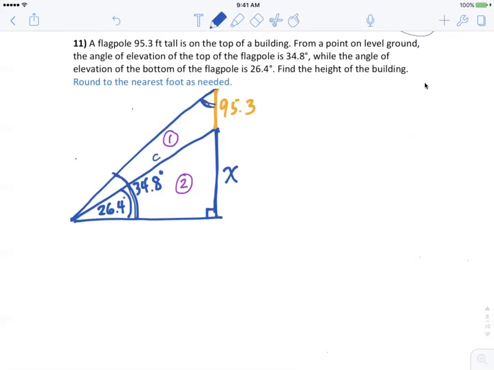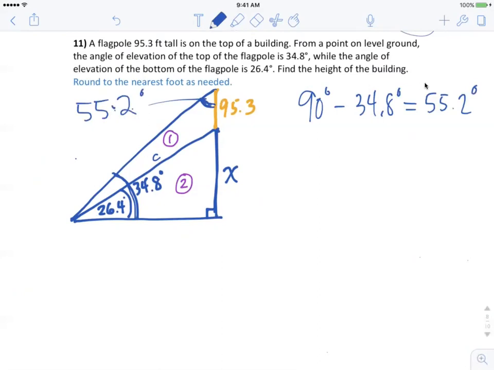So this angle is 90 minus that. Those 2 angles have to add up to 90. So I'm going to do 90 degrees minus 34.8, which is 55.2 degrees. So that's that angle right there, 55.2 degrees.